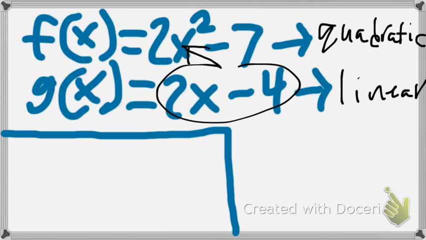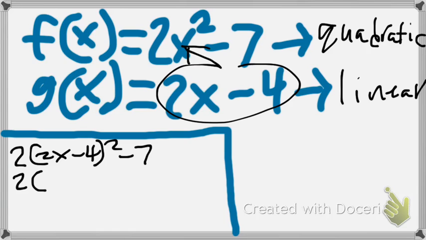So what you're going to do is multiply 2 times (2x minus 4) squared, minus 7. Then you square it, so it becomes 2 times 4x squared minus 16x plus 16, minus 7.